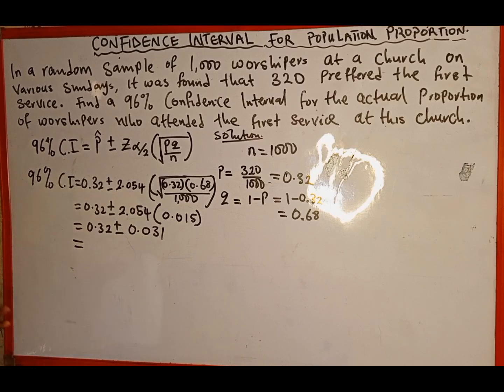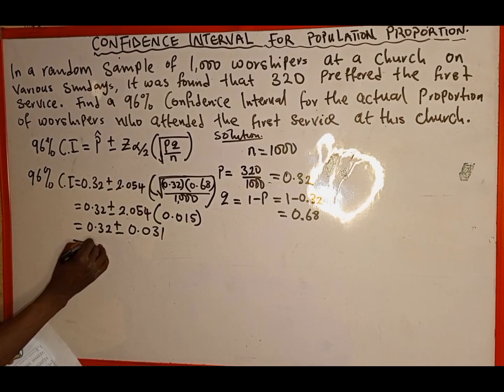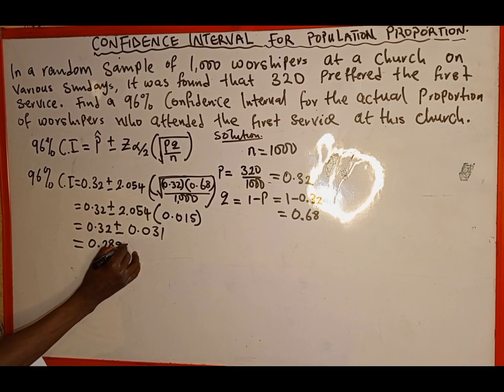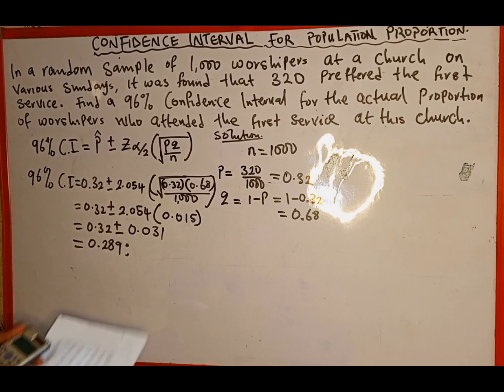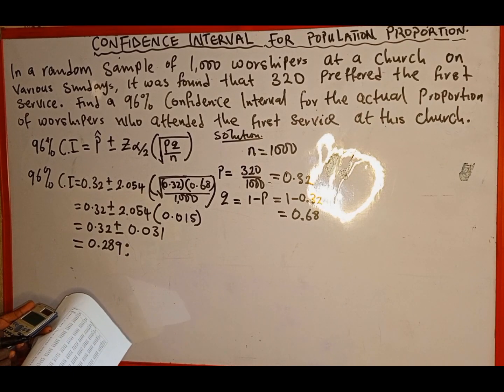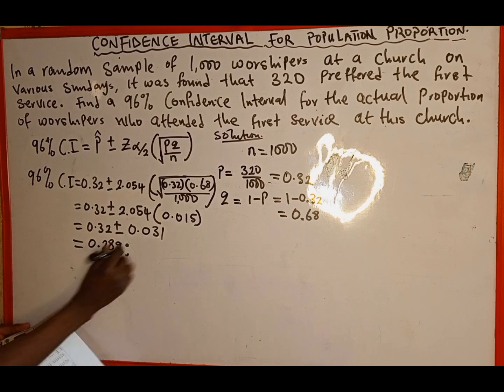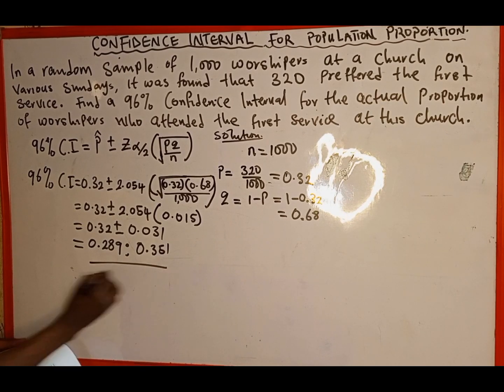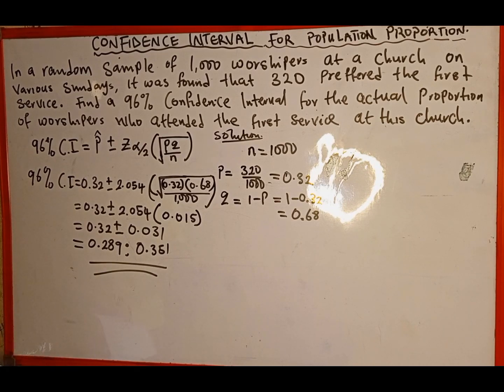So the first thing we are going to do is take the negative: 0.32 minus 0.031 is going to give us 0.289. Then the second one is the positive one. If you press the calculator, 0.32 plus 0.031 is going to give us 0.351. So this is the 96% confidence interval for this population proportion.